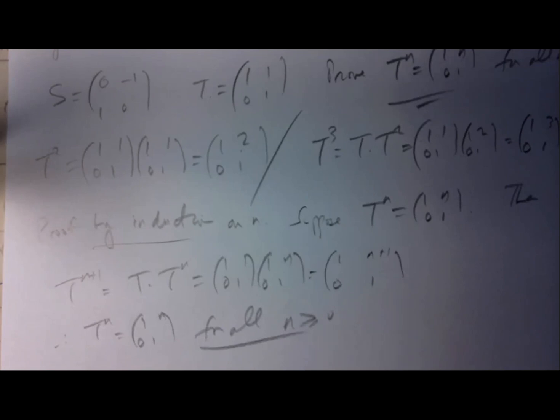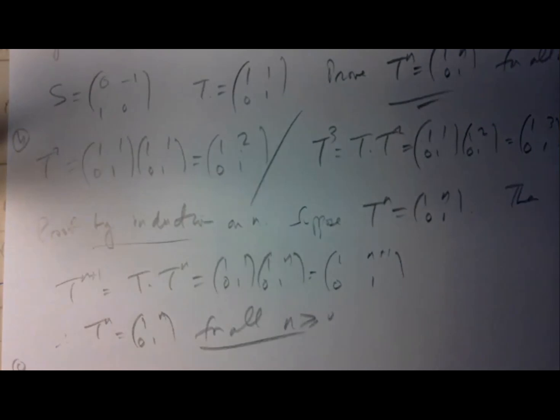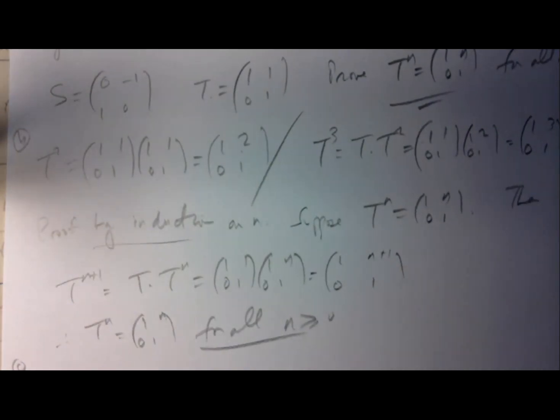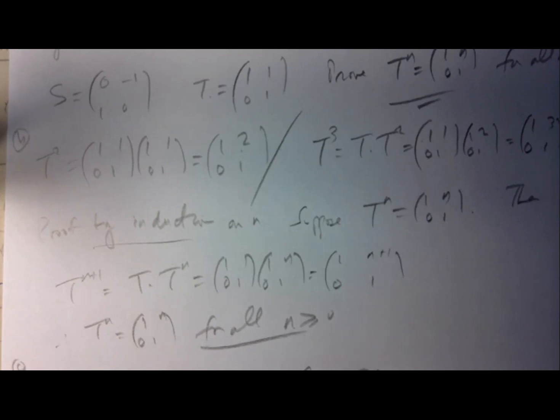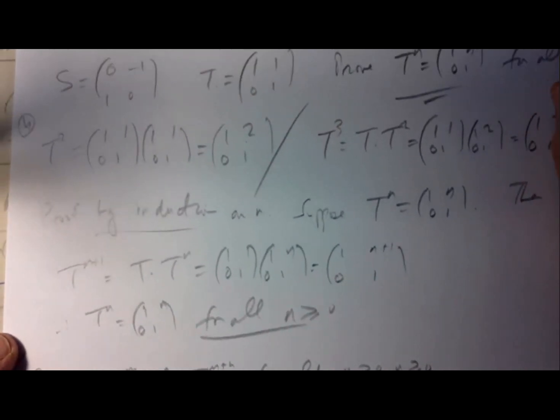So this was part B. Part C is to prove T to the M times T to the N is T to the M plus N for all M and N greater than or equal to 0.